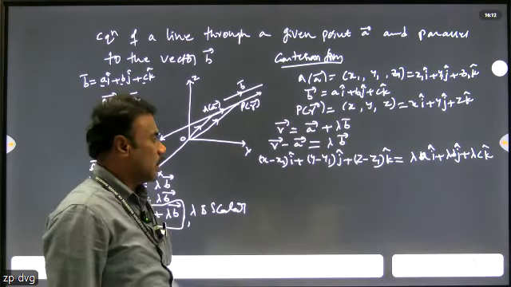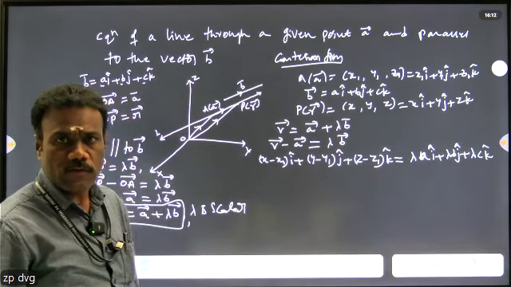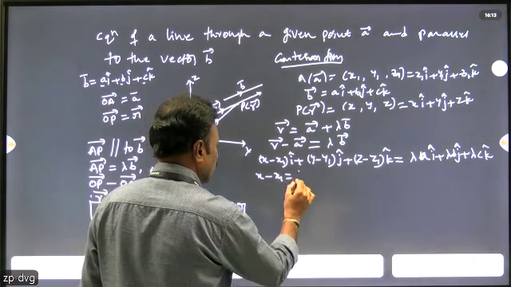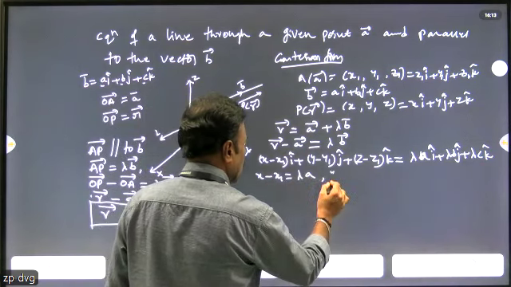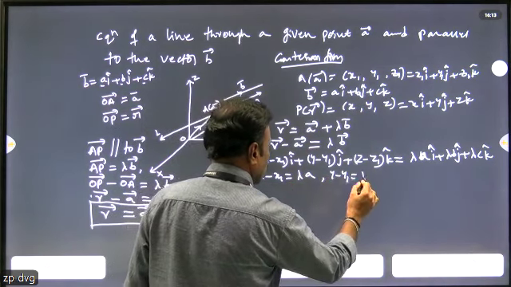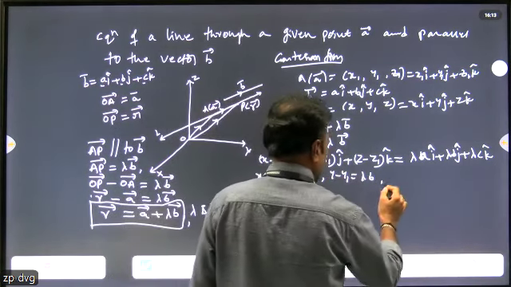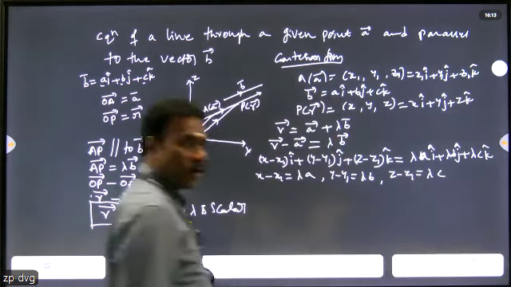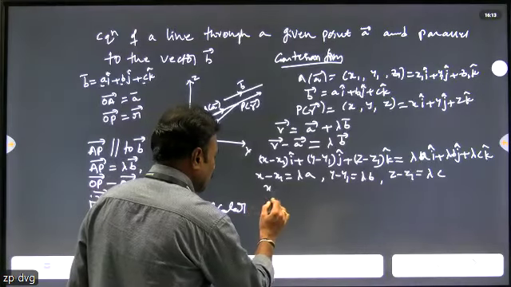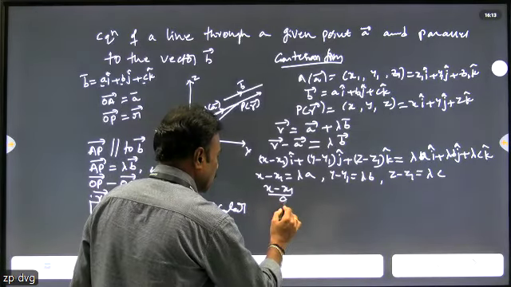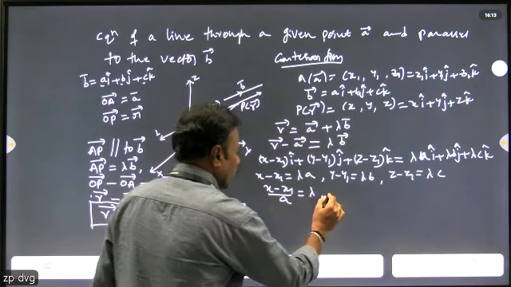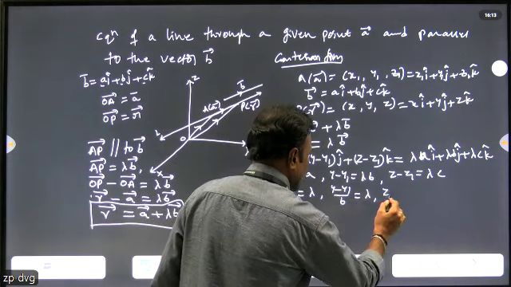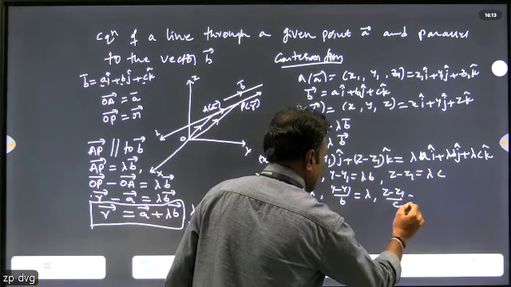Comparing the coefficients of i cap, j cap, k cap on both sides, you get x minus x1 equals lambda a, y minus y1 equals lambda b, and z minus z1 equals lambda c. Then x minus x1 by a is equal to lambda, y minus y1 by b is equal to lambda, and z minus z1 by c is equal to lambda.